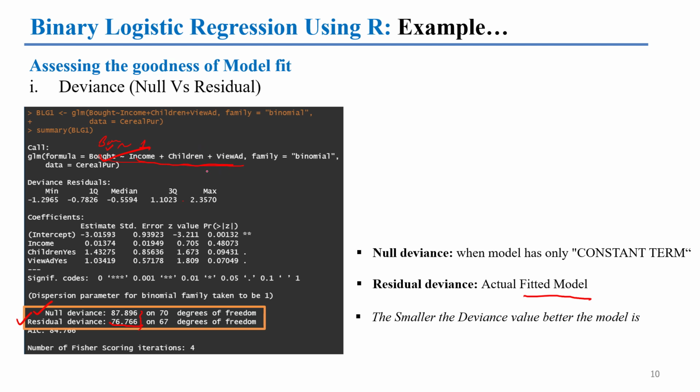That indicates this model is good compared to the null model, which has no independent variable. Let's check this again with the second approach, called Akaike information criteria. So how can we do that?